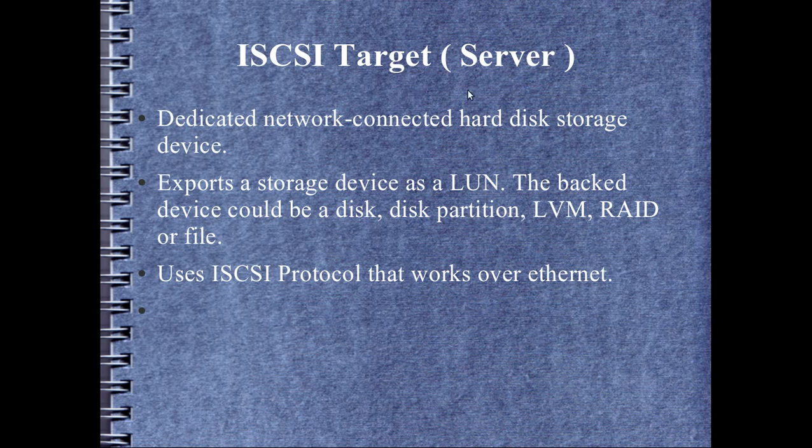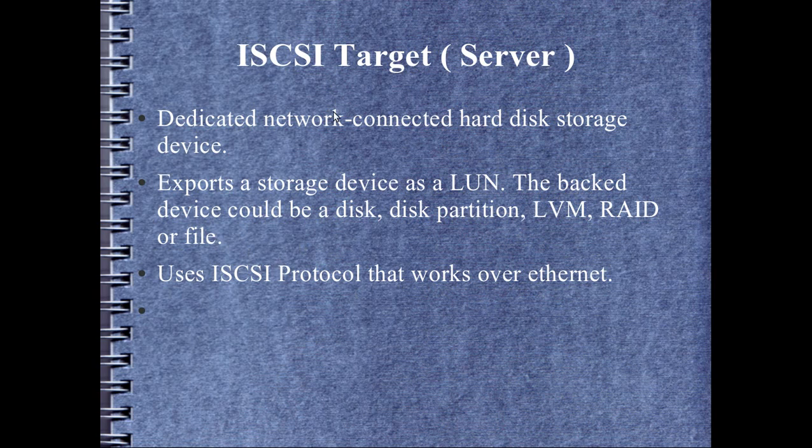Backed device is the actual device or the file which is exported and which will be visible to the iSCSI initiator. So the backed device could be a disk, could be a disk partition. Disk means /dev/sdb, partition /dev/sdb1, LVM, a logical volume that you created. It could be a RAID or a file just for testing purposes.